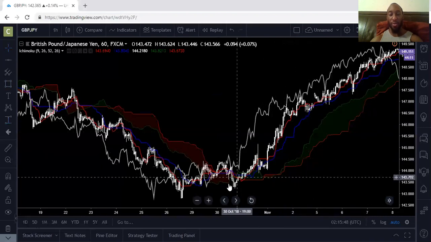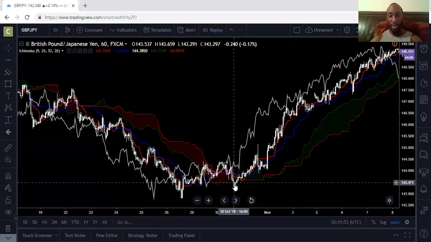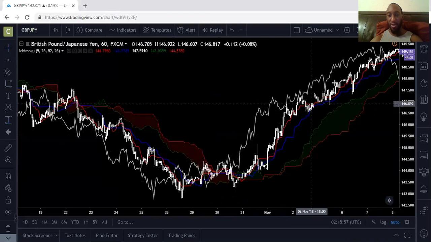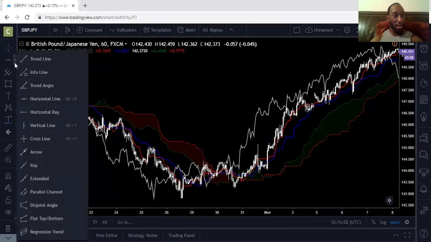You won't catch 20% of it, but the rest of the trend you will catch. So you might have missed it here, but you would have definitely made the profits here in this region.